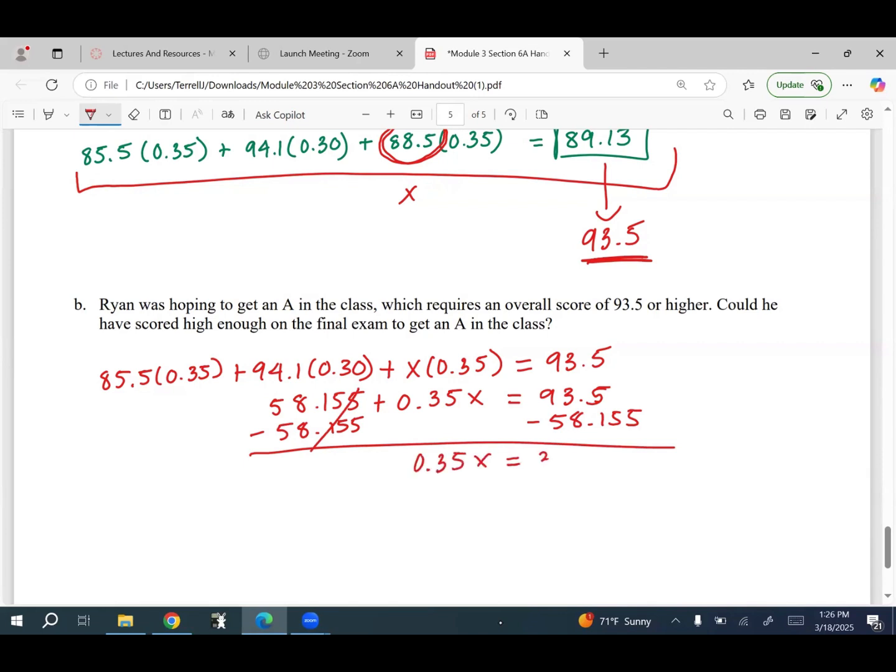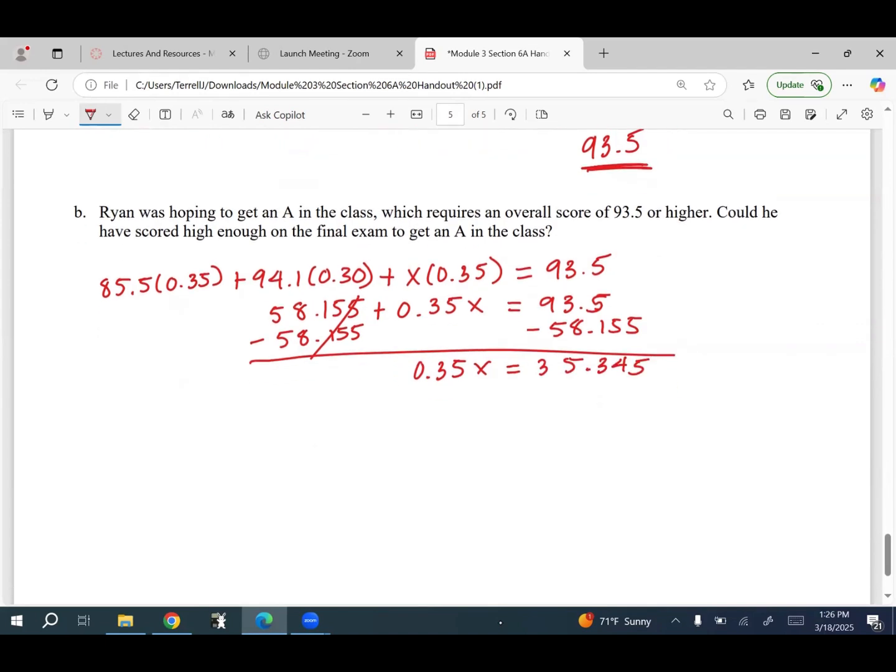And I should get 35.345 there. Divide both sides by 0.35. And you're getting approximately 101.